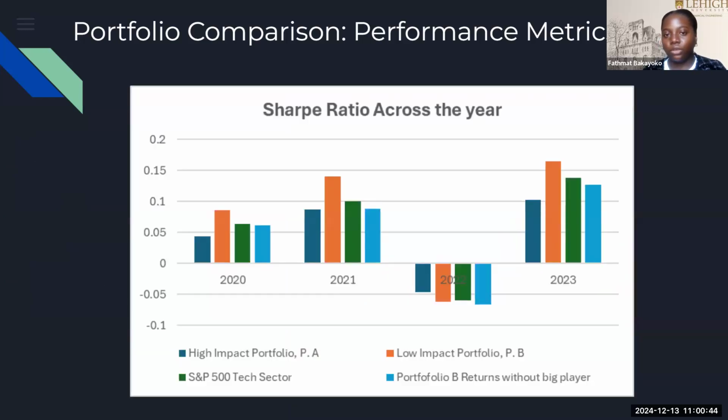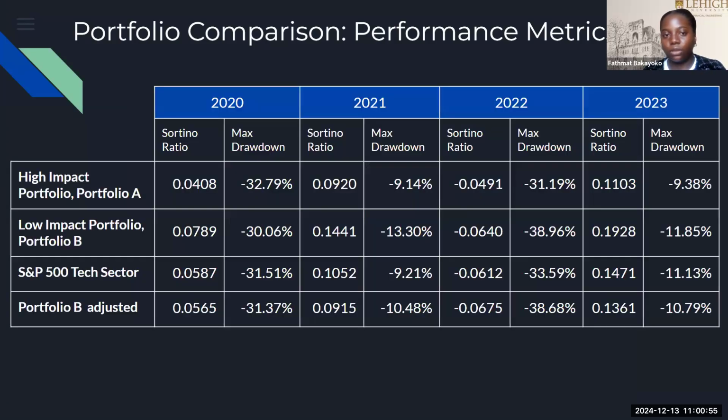Here is the Sharpe ratio, which shows the same output and quantifies a little more what was shown in the cumulative return, as well as the Sortino ratio and the maximum drawdown.